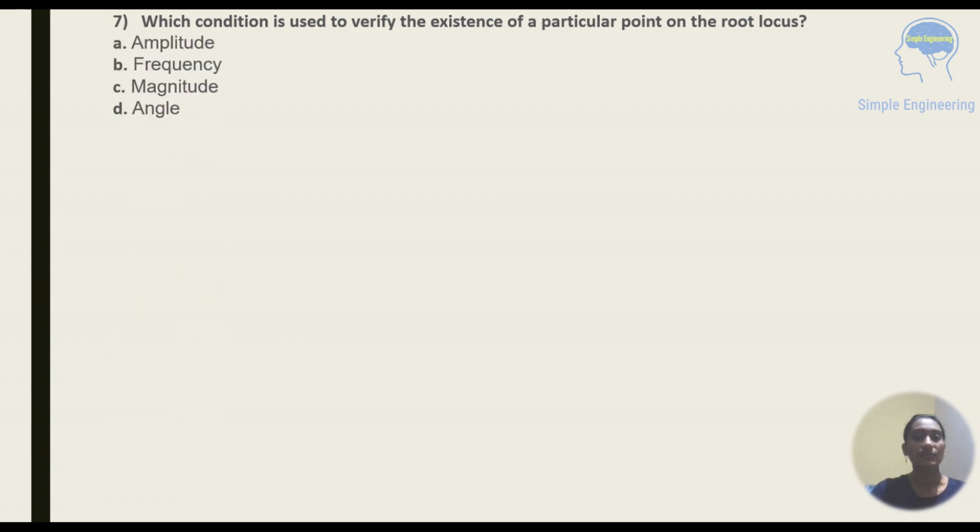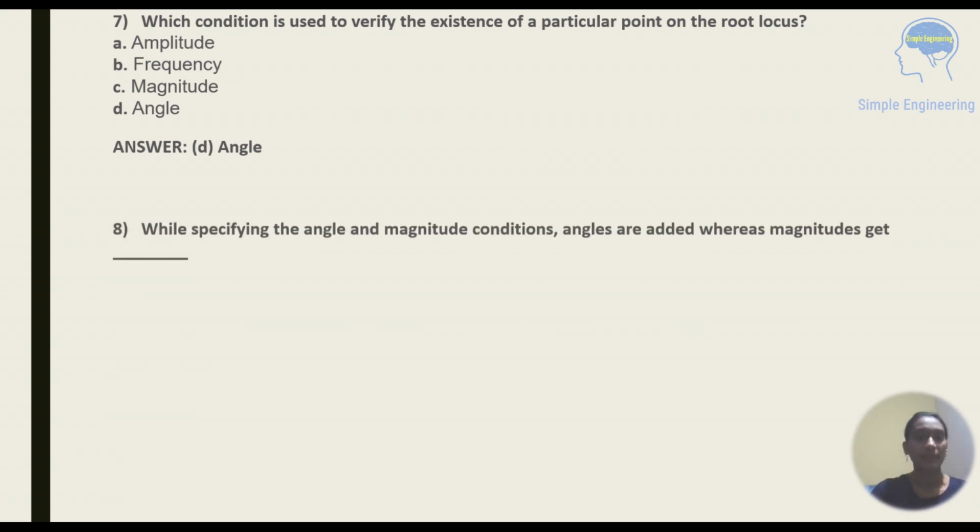Seventh question is, which condition is used to verify the existence of a particular point on the root locus? Options are amplitude, frequency, magnitude and angle. The answer is angle. That is, angle is used to verify the existence of that particular point on the root locus.